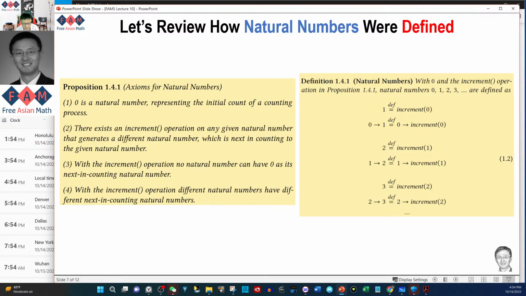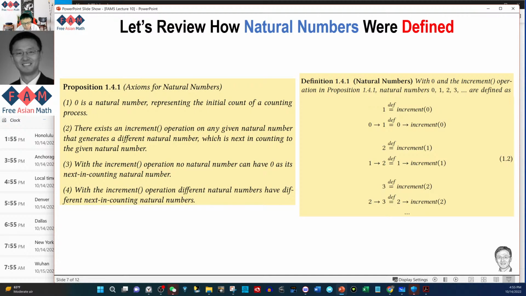The first one says that we all agree 0 is a natural number, which in this context represents the initial state of a counting process. And then we all agree there exists an increment operation. It's the same increment operation that applies to any natural number.